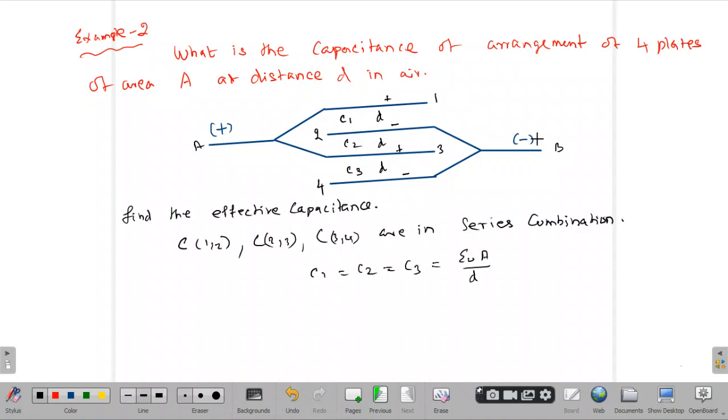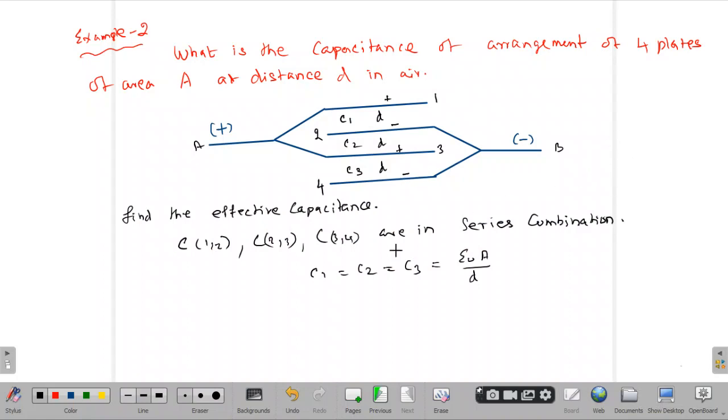The potential difference between 1 and 2, 2 and 3, 3 and 4 are equal. Equal potential difference, and all positive plates connected together, all negative plates connected together. Note this point strongly. The combination is parallel combination.